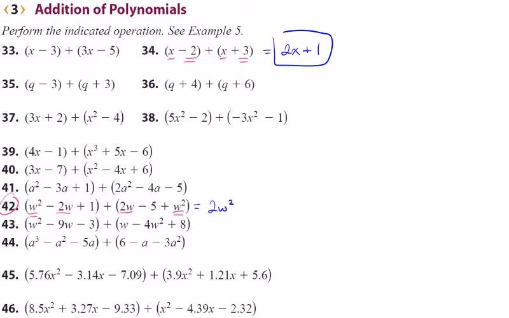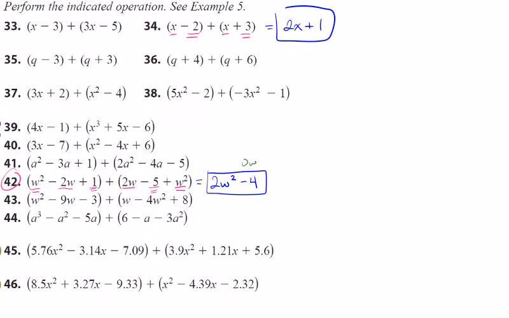So if I add negative 2w plus 2w, I get 0, right? So there's going to be a 0w here that I'm not going to include. And then lastly, we have our constants, right? Positive 1 and negative 5. So if I add 1 plus negative 5, I get negative 4. And so that's our result.